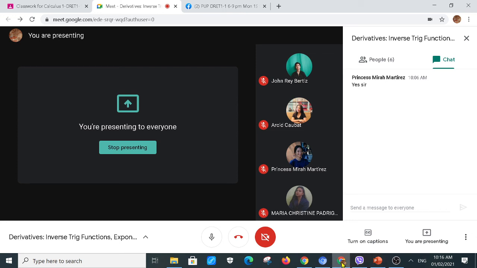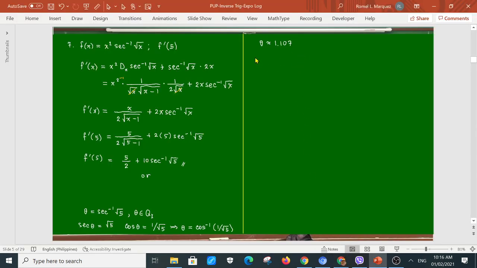Therefore, what is our f prime of 5? That is equal to 2.5 plus 10 times 1.107.